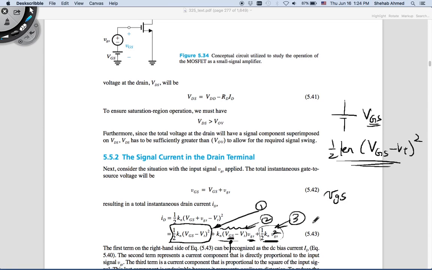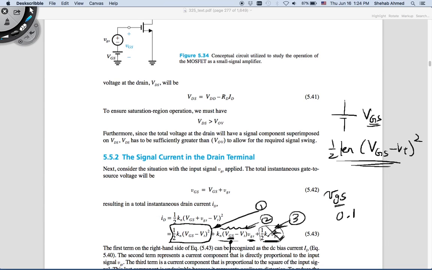If 0.1 squared is 0.01, it becomes smaller. So if my small signal VGS is small, and we'll find out what small means, then this third term can vanish, and I'm left with only the second term having any significant effect on the current ID, right?